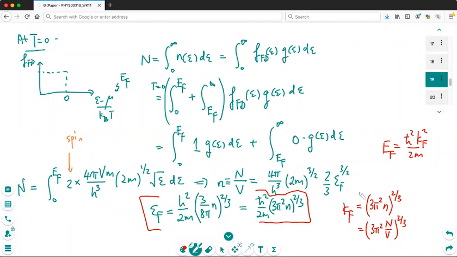What is the unit of k? k is some kind of wave vector, wave number. In 1D it will be wave number. So this has the unit of 1 over length. On this side, you have volume here, so you better have the factor of 1/3 in order to give you this 1 over length. Sorry, I made a mistake, but nobody picked up. Here, this is kF squared.